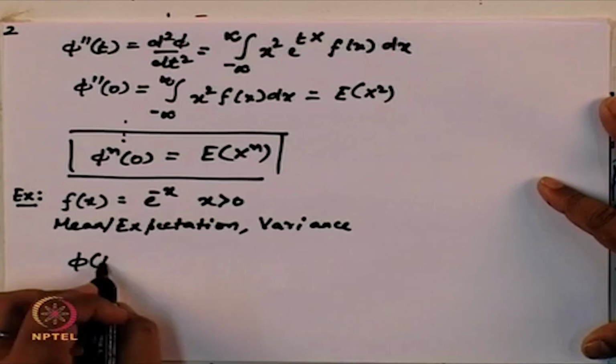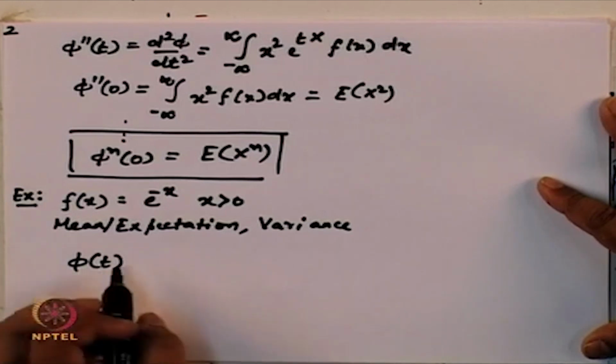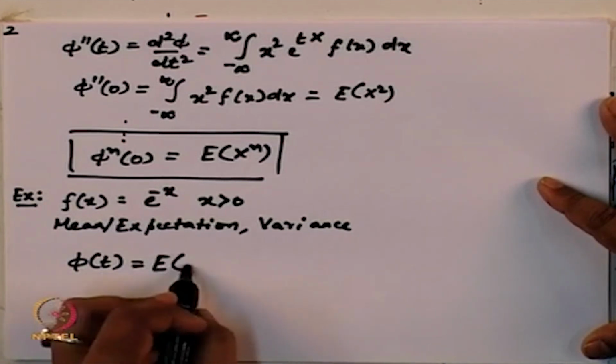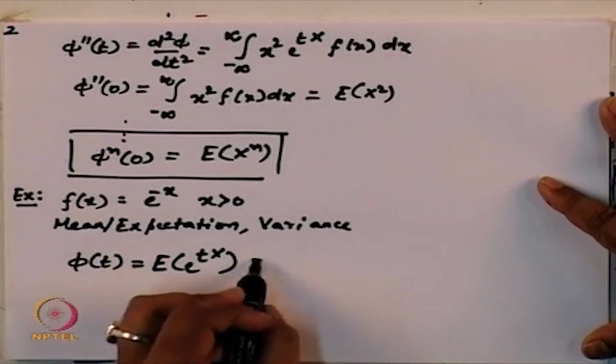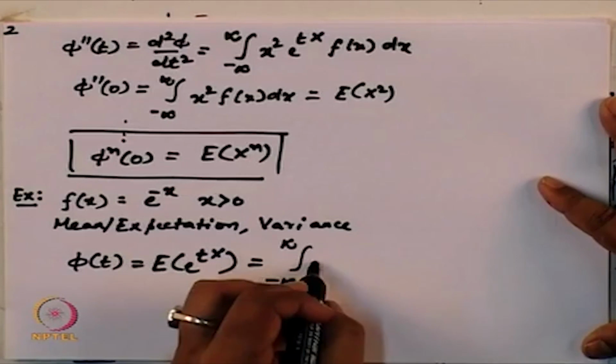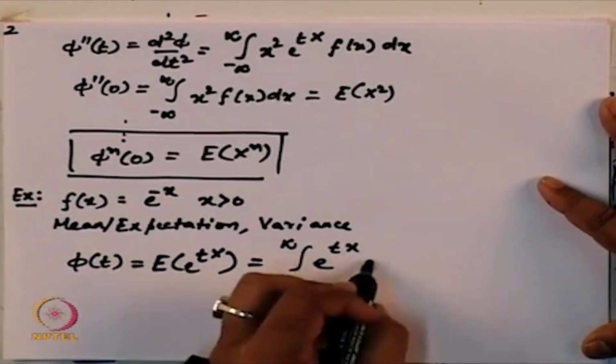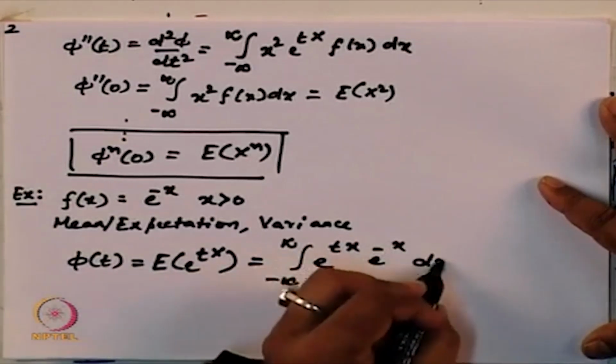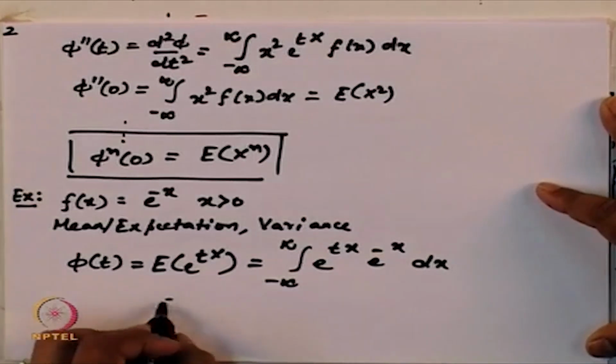I start with phi of t, which is the expectation of e to the power t of x.